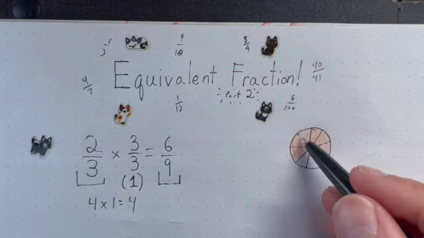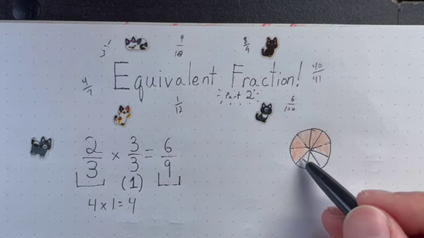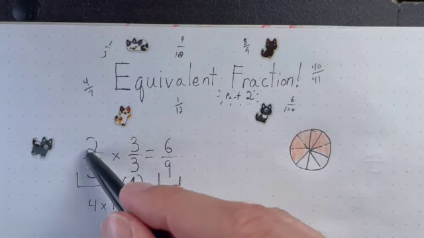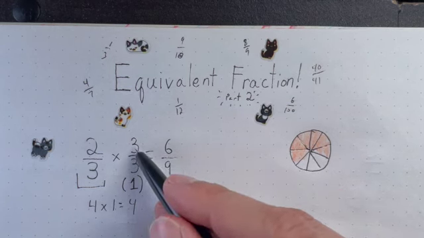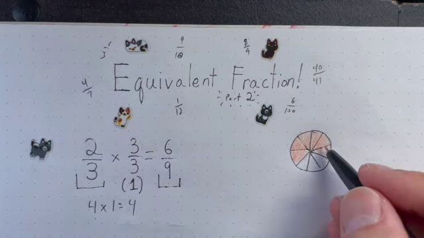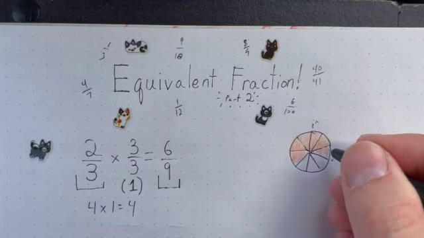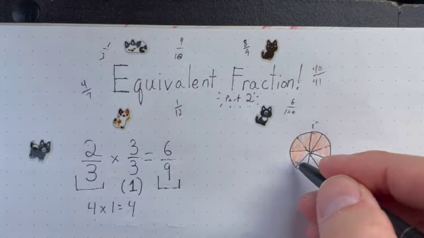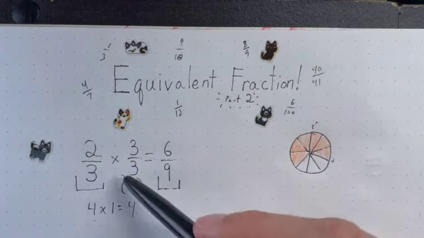Now my new fraction name is 9ths, and if I count these up, there'd be 1, 2, 3, 4, 5, 6, 7, 8, 9. The 2 pieces that are shaded in are also getting split into 3 pieces each to make 6 new shaded pieces. So this one piece became 3 new pieces: 1, 2, 3, and then 4, 5, 6. That's a couple reasons why this multiplication method works.